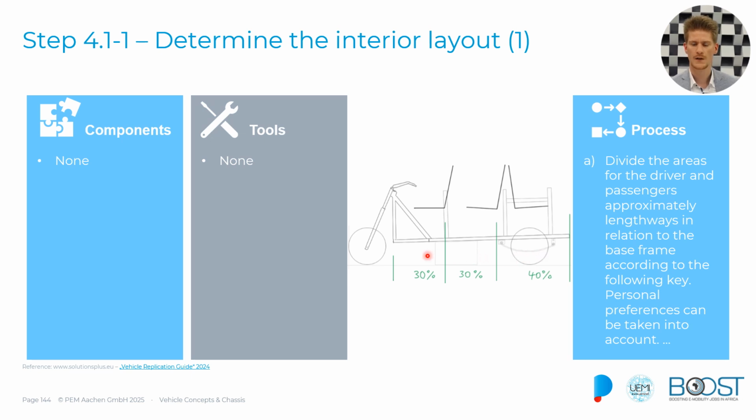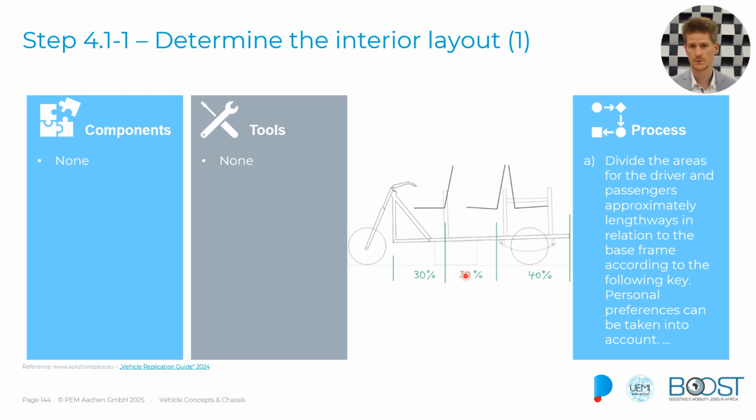The driver shouldn't take up too much space, so about 30% in this particular case. Makes sense. Sometimes it makes sense to go by full meters and not by percentages. So we usually would recommend something between 700 and 1000 millimeters for this first area.